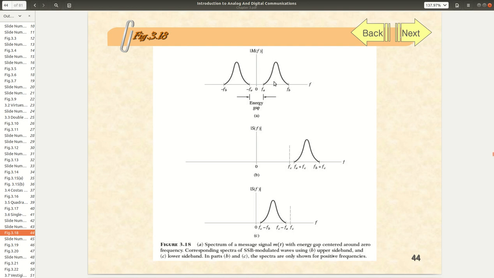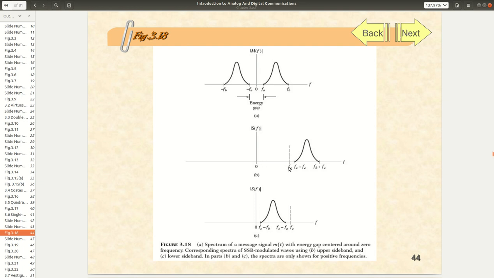It doesn't have to be a triangle. And this is the lower sideband, but there is a difference between them, a shift. So when I multiply by the sine and cosine, I will shift it to fc. This will be the upper sideband, and this will be the lower sideband.